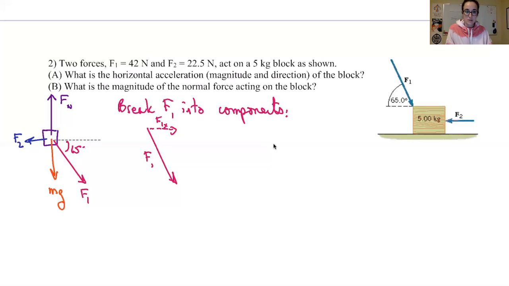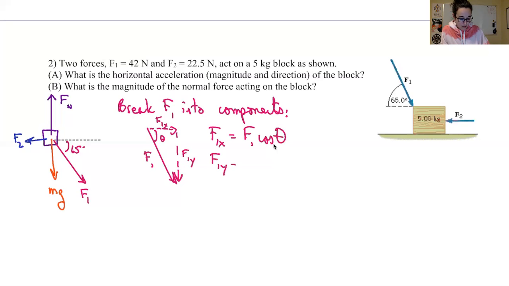So it has an x component to the right and a y component down. Here's that angle theta. So F1x is adjacent to theta, so it'll be F1 cos theta. And F1y is opposite, so it'll be F1 sine theta. Okay, so those will come in handy soon.